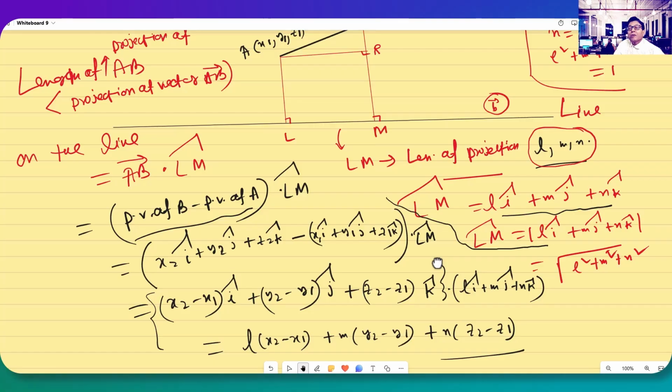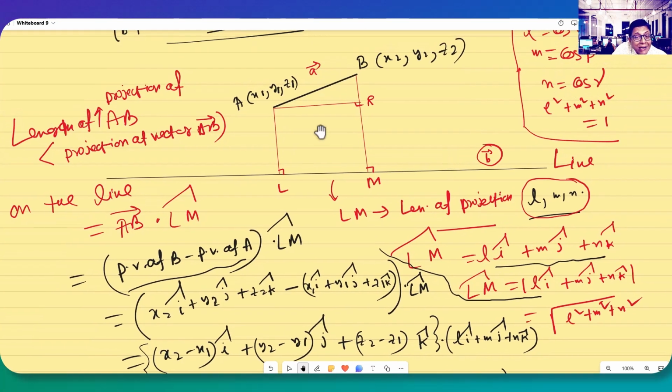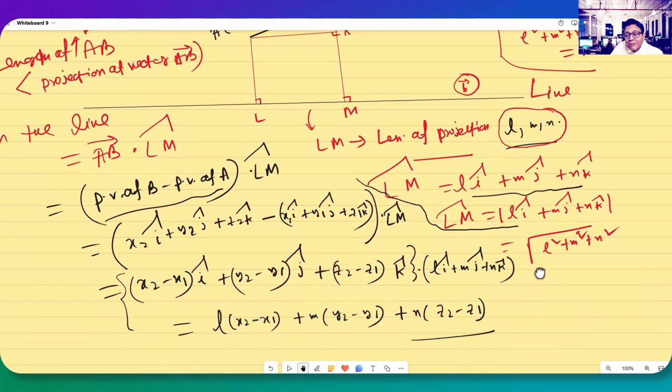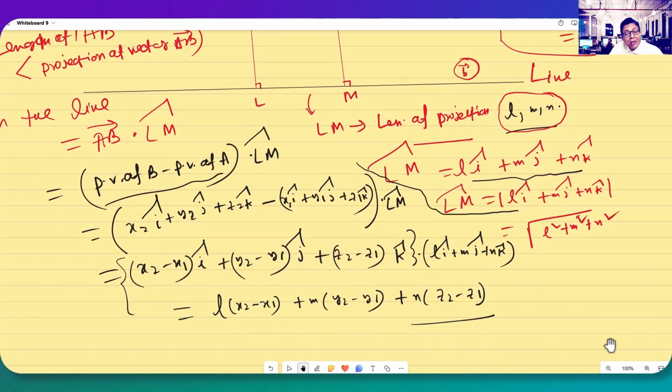So we are able to derive a formula which is length of projection of a line segment on a line or a line segment by this formula in scalar form.